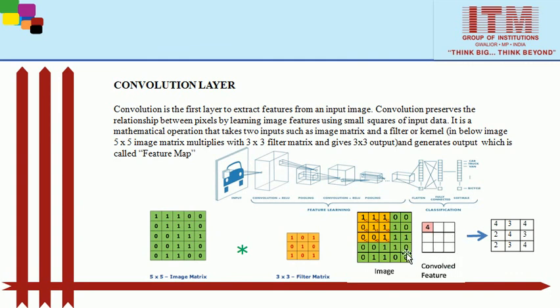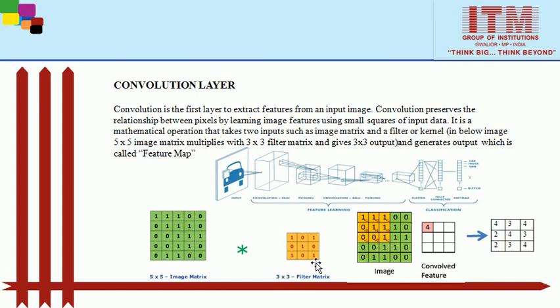Okay, students, as you can see, if I put this small matrix over this pixelated input image, then after performing the dot product, it computes 1 into 1 plus 0 into 1 plus 1 into 1, then again 0 plus 0 into 0 plus 1 into 1 plus 0 into 1, and likewise 1 into 0 plus 0 into 0 plus 1 into 1.